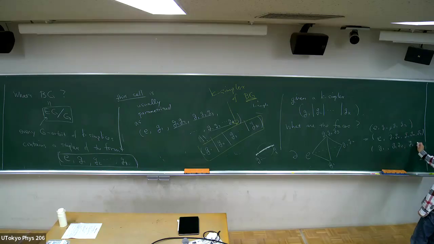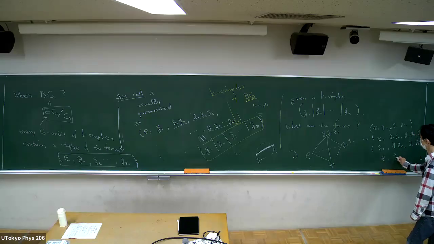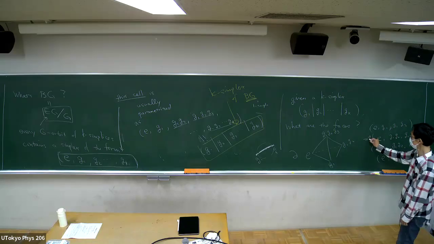G1 G2, G1 G2 G3, and I think I have another face, E, G1, G1 G2 G3. There are four faces. And you need to be careful about the orientations, which I wasn't very careful at all. There are plus minus signs.